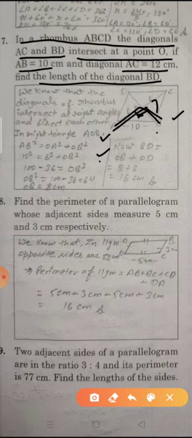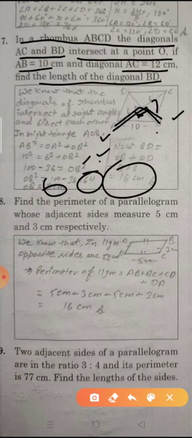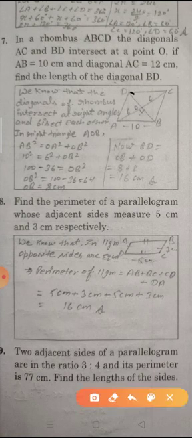To find OB square, we subtract 36 from 100, because the square of 10 is 100 and the square of 6 is 36. So this is 64, and the square root of 64 is 8 cm. So OB is 8 cm. Now BD is OB plus OD, so 8 plus 8 is 16 cm.